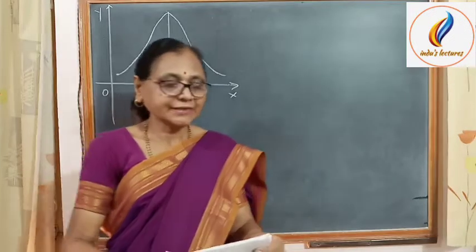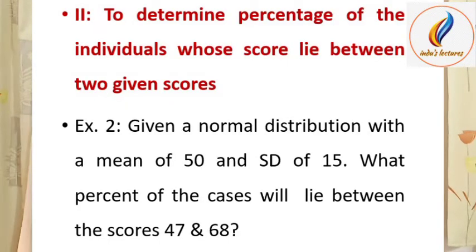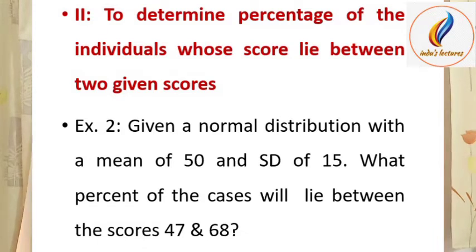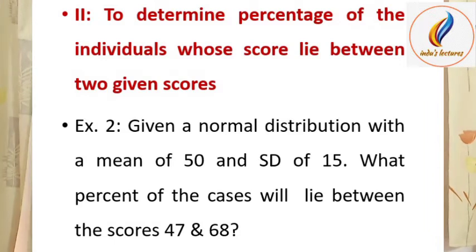Now consider the second example. Given a normal distribution with a mean 50 and standard deviation 15, what percent of the cases will lie between the scores 47 and 68?